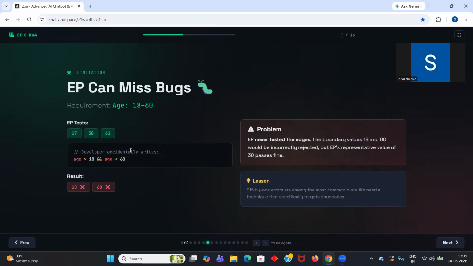You must test the boundaries, because most of the bugs are found in the boundaries. Here the developer accidentally missed writing equal to. It should be age greater than or equal to 18 and age less than or equal to 60. So the EP test only covered 17, 30, 61. But 18 and 60 were not working correctly and equivalence partitioning could not detect that.